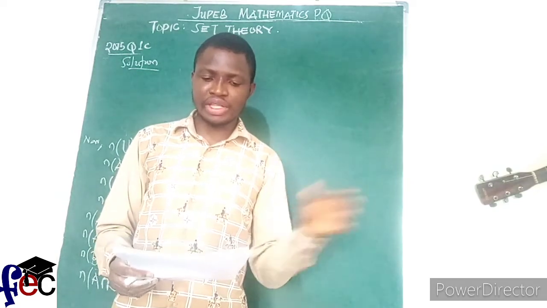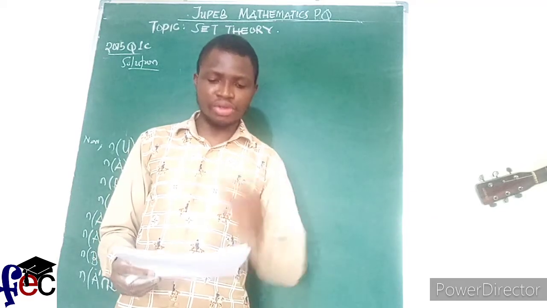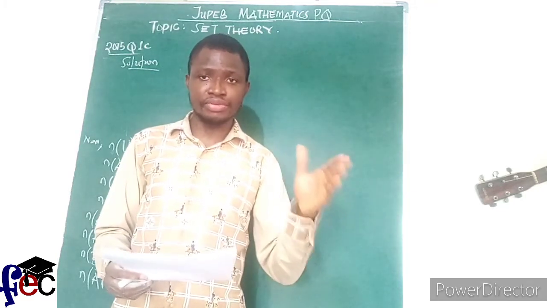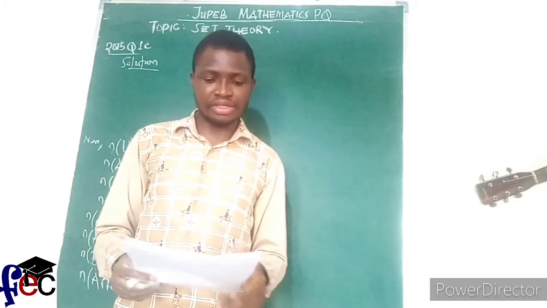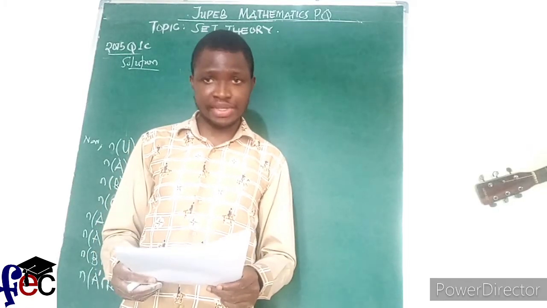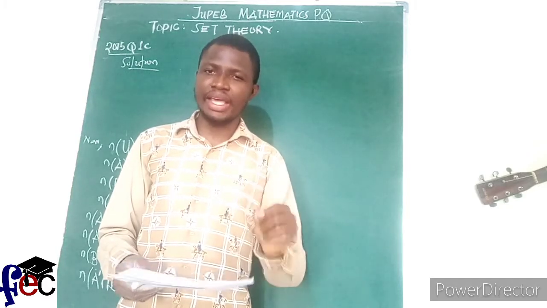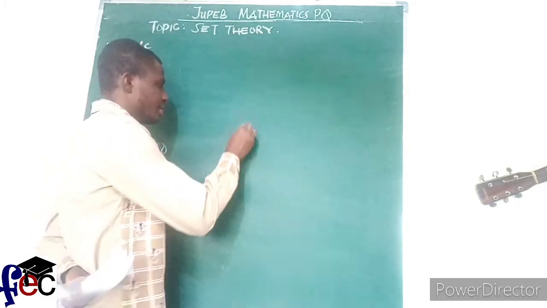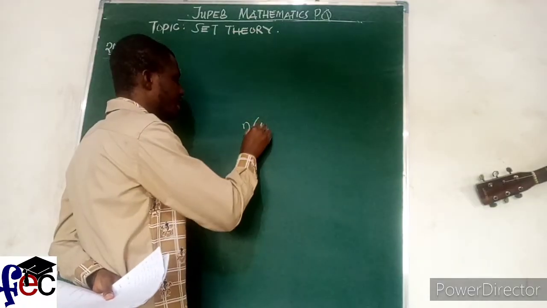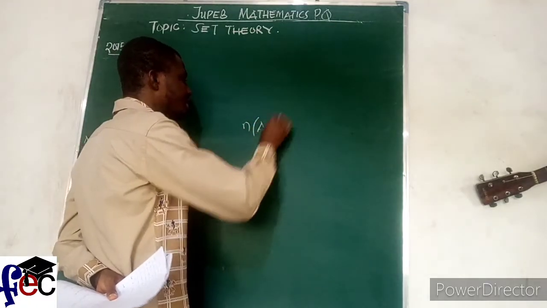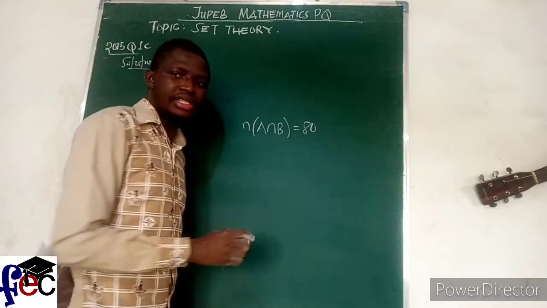The first information gives the cardinality of each of the sets A, B, C. The other one says 80 voted for A and B.